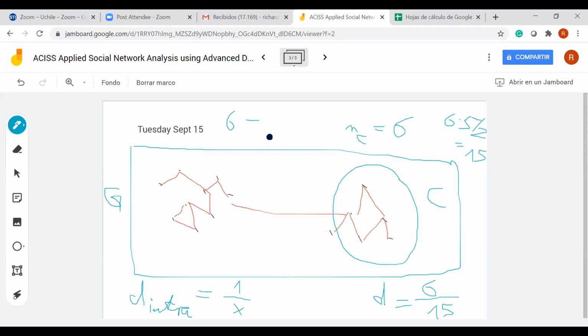Minus, and now we need a number that's not that easy to calculate. That's the expected number of links we would have inside this community if the degrees of all nodes inside that community would be evenly distributed over the entire network.